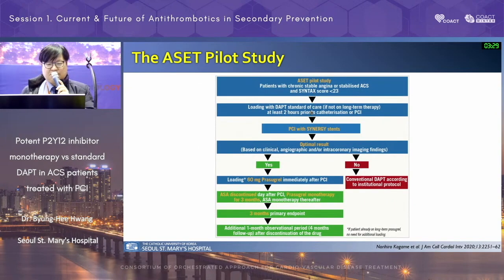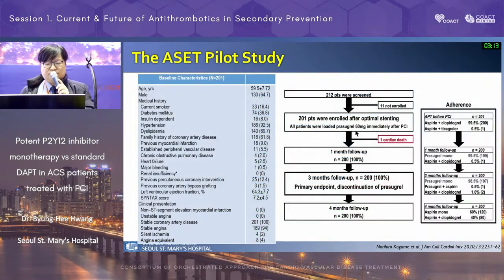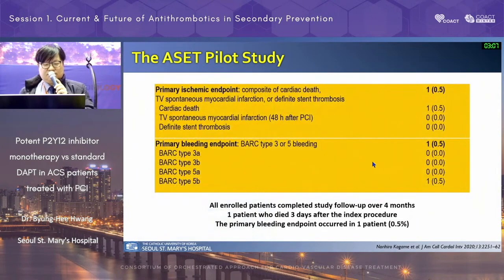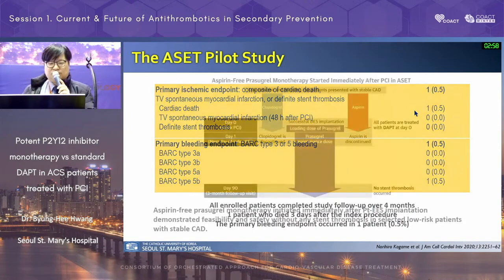Patients were loaded with DAPT at least 2 hours prior to PCI, then after an optimal result, prasugrel was loaded immediately after PCI, and aspirin was discontinued. 201 patients were screened, and there was 1 cardiac death, a patient who died after 3 days. There was no bleeding endpoint or stent thrombosis.